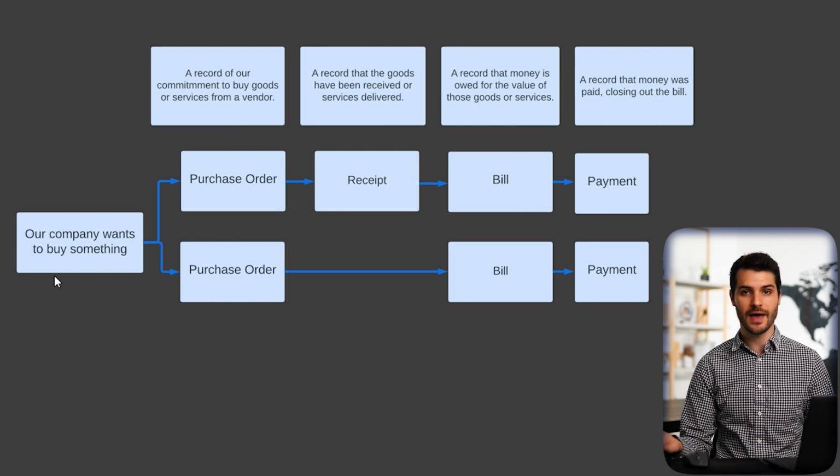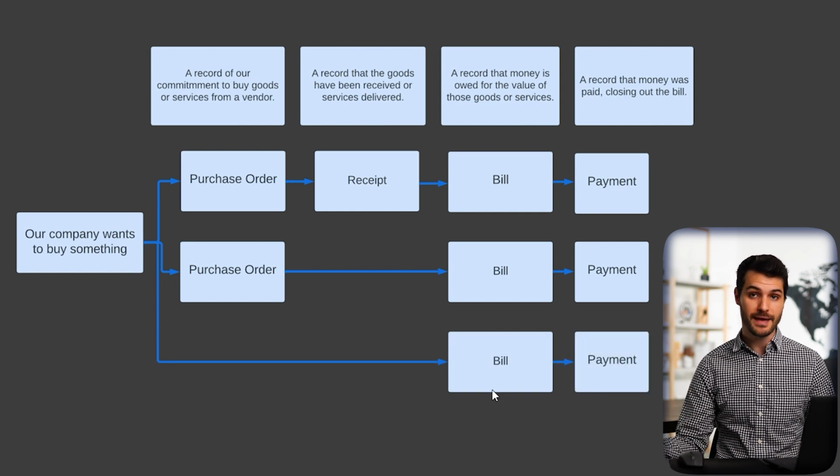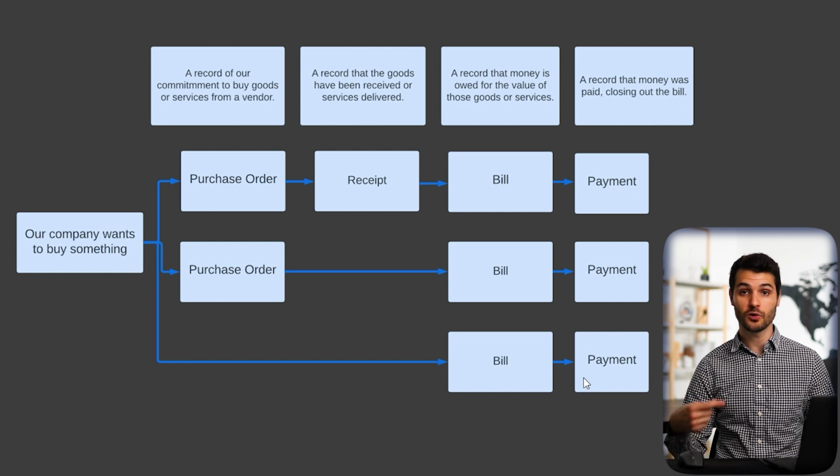You simply know that expense is coming, and when it does, we get the invoice from the utility company every month, and that goes straight to a bill being generated to match that invoice, and we pay that bill. So no purchase order, no receipt from our end, and straight to we receive the invoice, we generate a bill on our side, we pay that bill, that transaction is completed. So that's another common one that organizations will have.